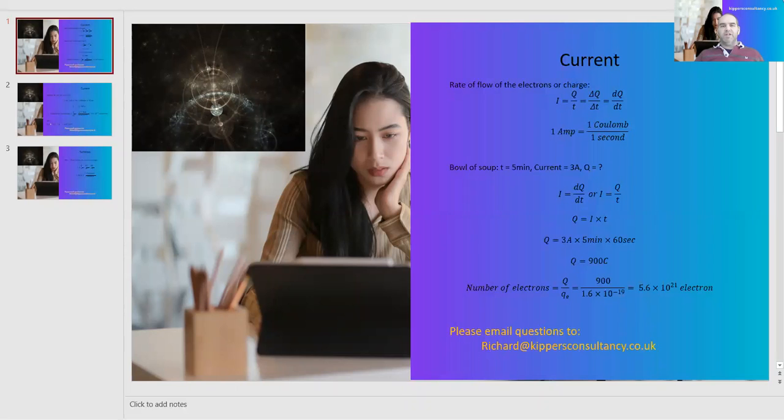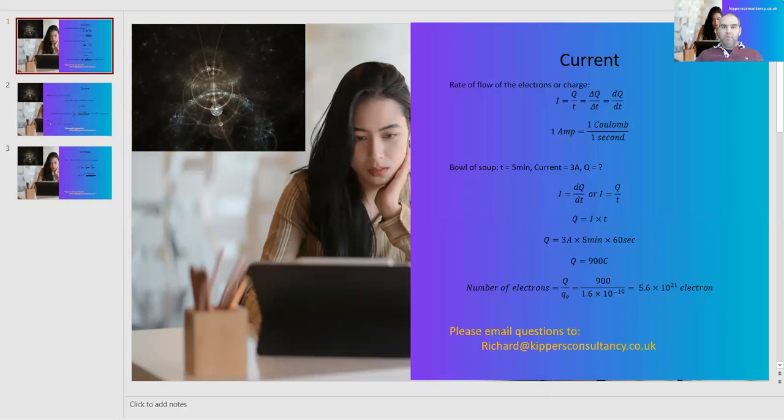If we use the letter I to represent current measured in amps, the letter Q to represent charge measured in coulombs, and T to represent time measured in seconds, we can say that I equals Q over T, or current is equal to charge over time.